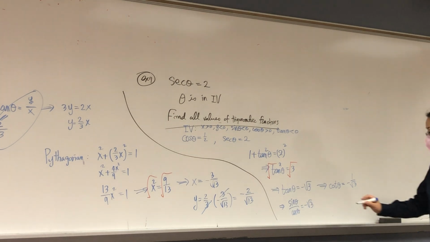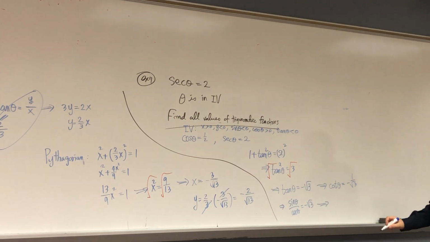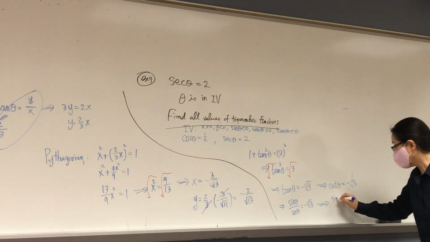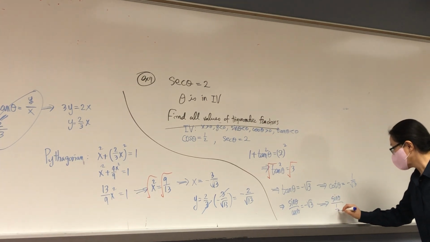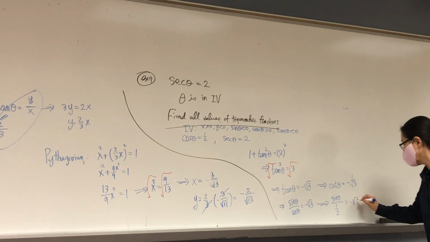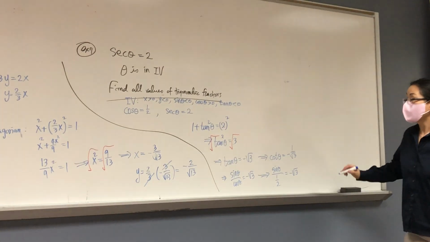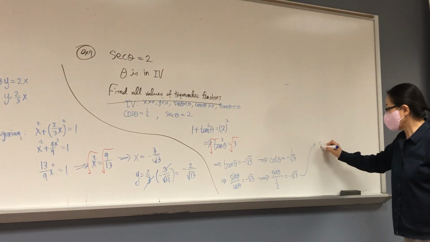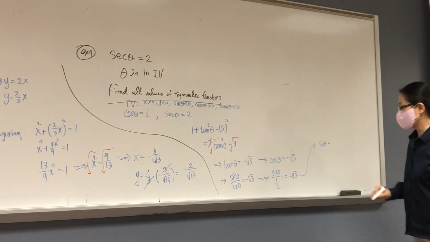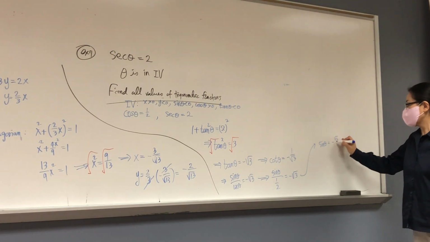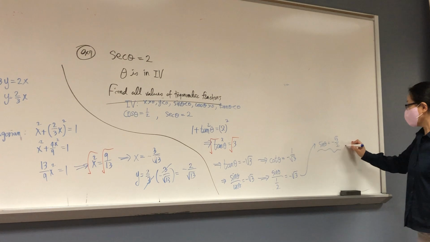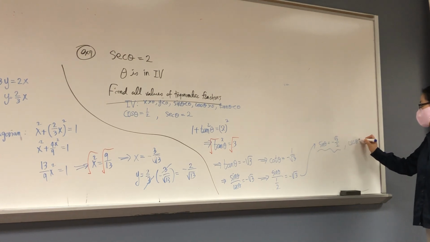Am I right? And then you know cosine theta is 1/2. So sine theta is equal to what? Negative square root 3 over 2. So what is cosecant theta? Negative 2 over square root 3.